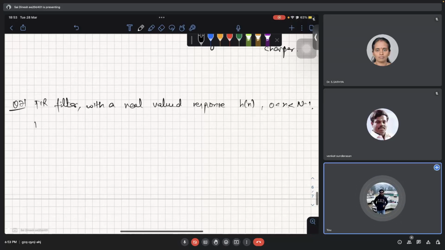Its frequency response has the form H of e power j omega equal to A of omega e power j phi of omega, and A of omega belongs to R.